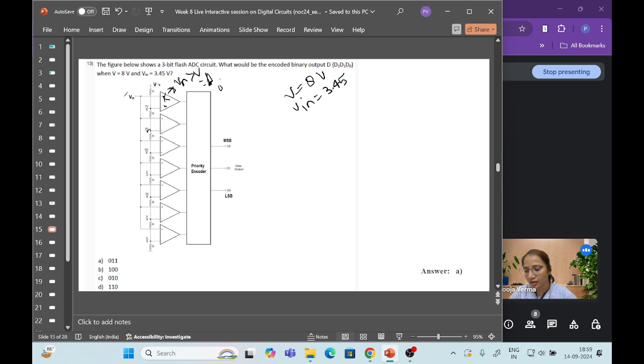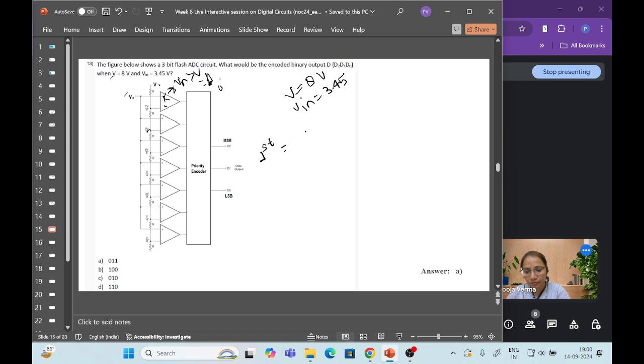Here it is already given 7V by 8, so we need to put the value of V. For the first op-amp, I'm writing here what will be the V reference for the negative input. In the positive input we are already giving 3.45.